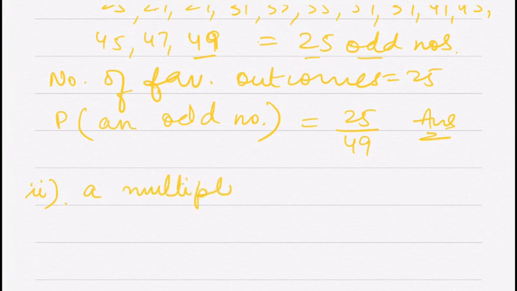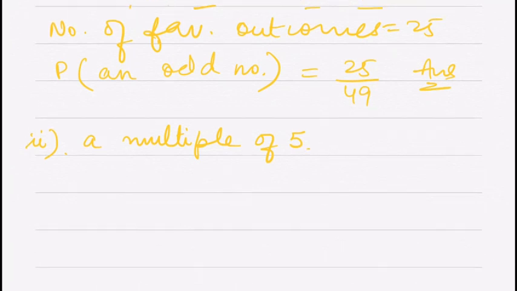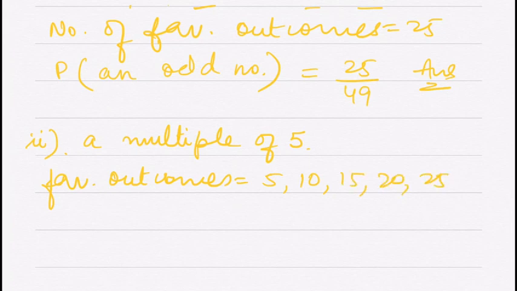The second part says a multiple of 5. So how many multiples of 5 are there between these numbers? My favorable outcomes, the multiples of 5, will be 5, 10, 15, 20, 25, 30, 35, 40, 45, right?